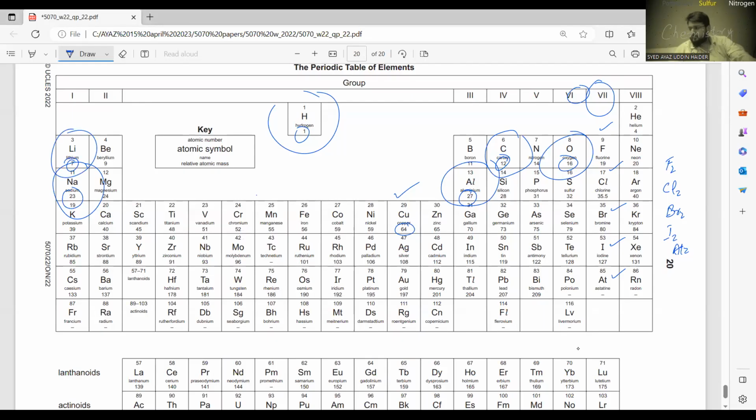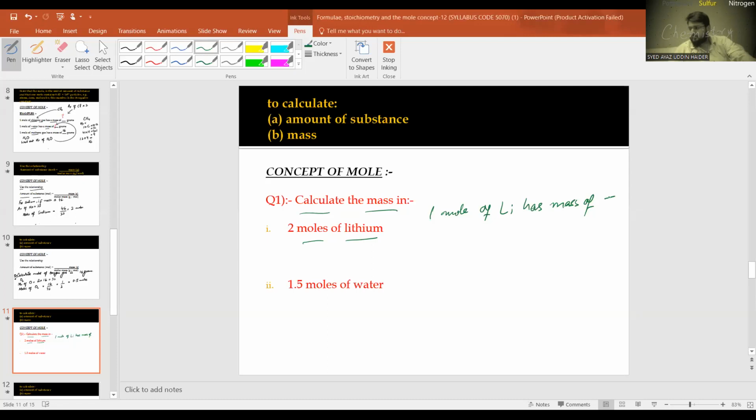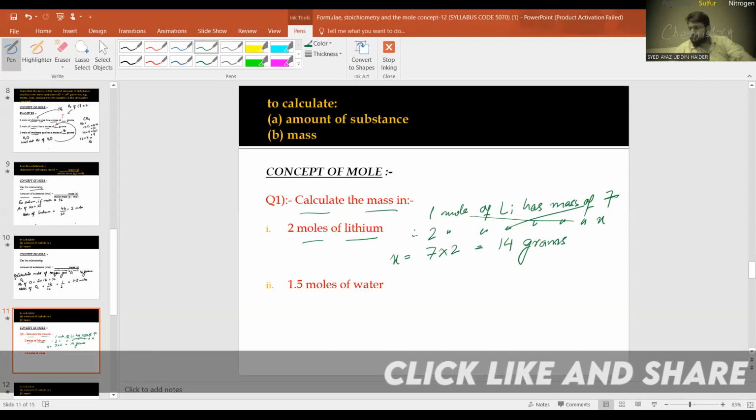This is the AR. 7 is the AR of lithium. So I will write 7 here. Therefore, 2 moles of lithium has a mass of X. Do the cross. You get X is equal to 7 multiplied by 2, what you'll get? You'll get 14 grams. So 2 moles of lithium contains 14 grams.